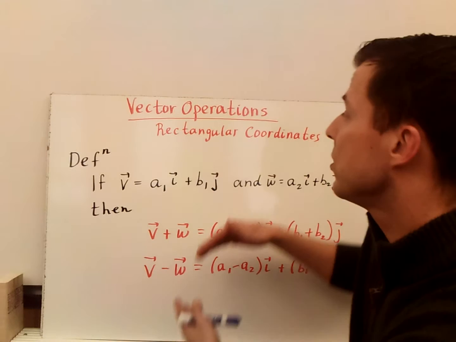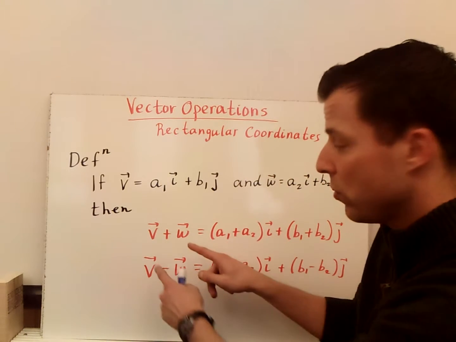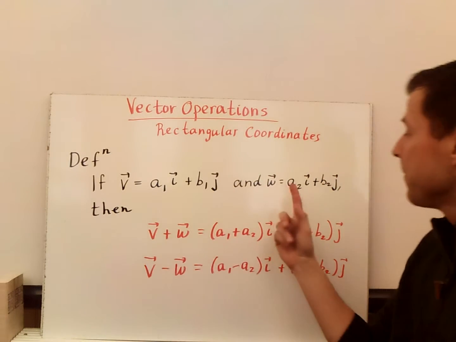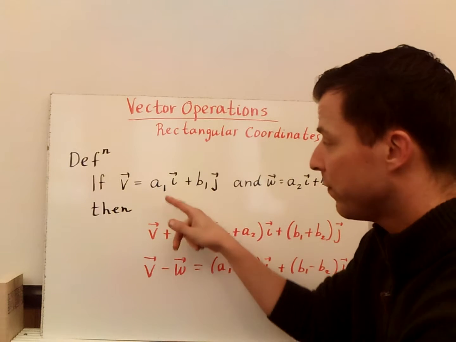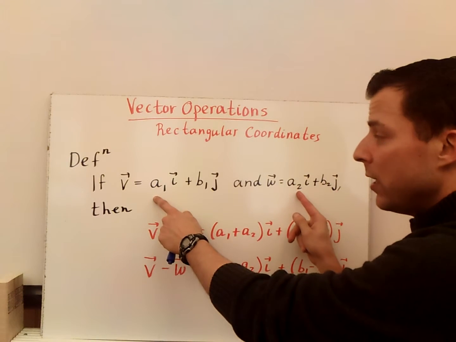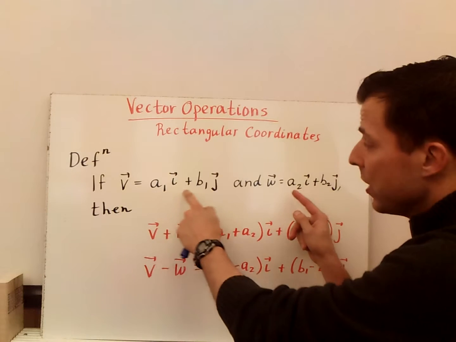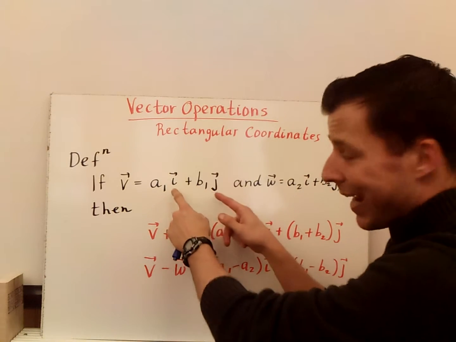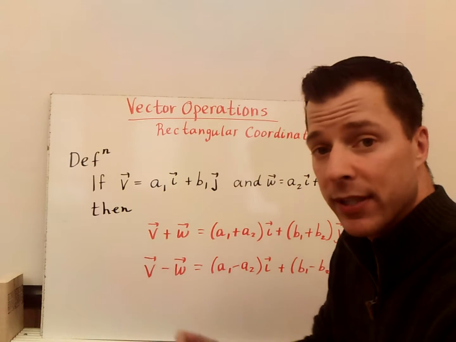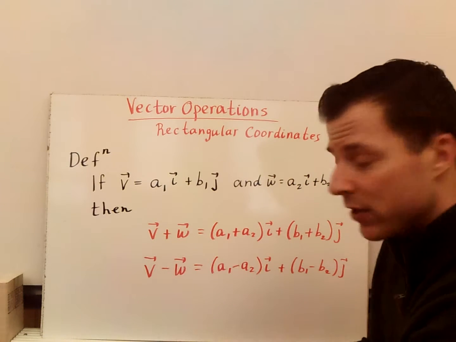So by definition, to add or subtract two vectors that are written in linear combination form, remember that A1 and A2 are scalars, B1 and B2 are scalars, and i and j are the unit vectors, and we talked about that in a previous video. So here's the two definitions we use.